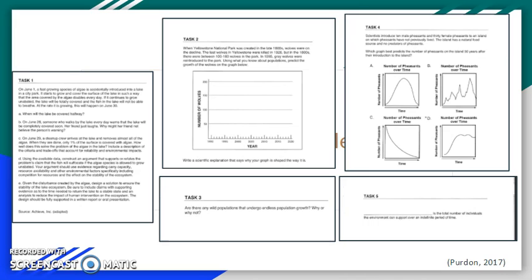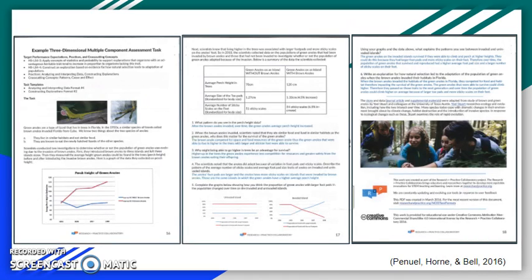Oftentimes, as educators, we think there are more dimensions represented in our assessments than our students really will get out of them. So, after we have gone through and assessed each of those, looking at whether they have 1, 2, or 3 dimensions and which of the dimensions they have, we can look at a good 3-dimensional example.